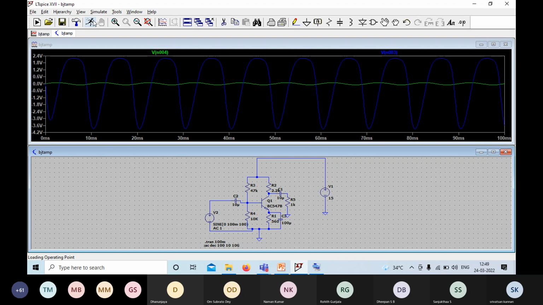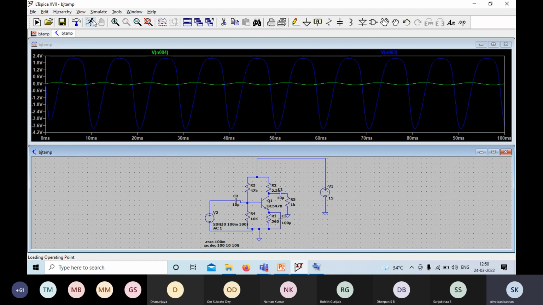Yes, sir. So is it a faithful reproduction or not? An amplifier has to faithfully reproduce the signal, right? The waveform should not be distorted. But if you increase the input voltage to 100 millivolt, the output waveform is distorted.